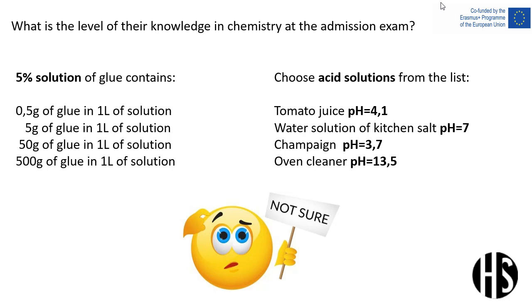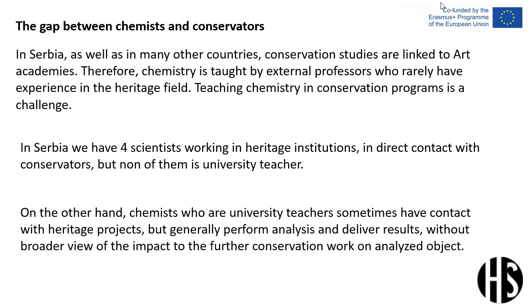Now, why? Teaching painting conservation in Serbia and in many other countries in Europe, I would say absolutely the majority, is linked to art academies. So art academies normally don't have internal professors of chemistry, because that is a small number of hours.